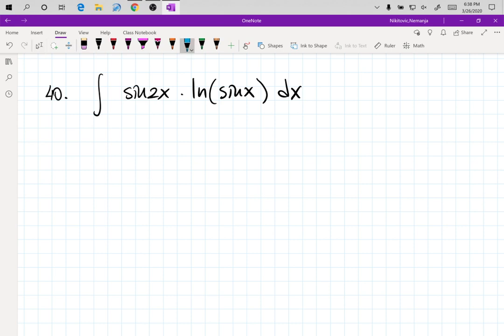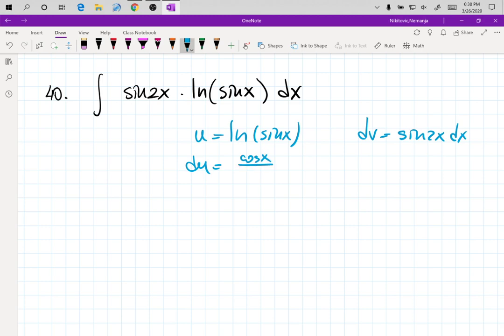Let me see. We set u to be ln sine x and dv to be sine 2x dx. Then du would be cosine x over sine x dx, the derivative of ln sine x, and v would be the integral of this.